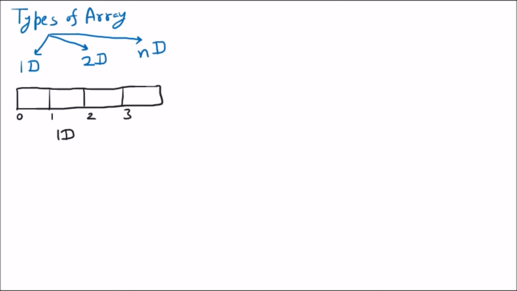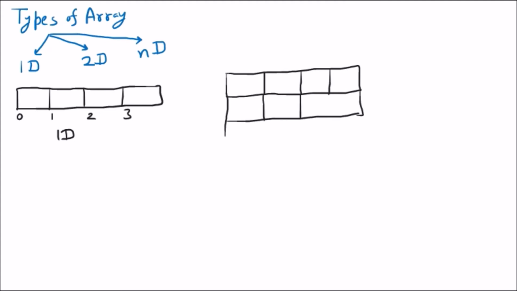Talking about the 2D array, if I say that there are arrays, this is one 1D array, another 1D array, and one more 1D array. So 1D arrays are in sequence.